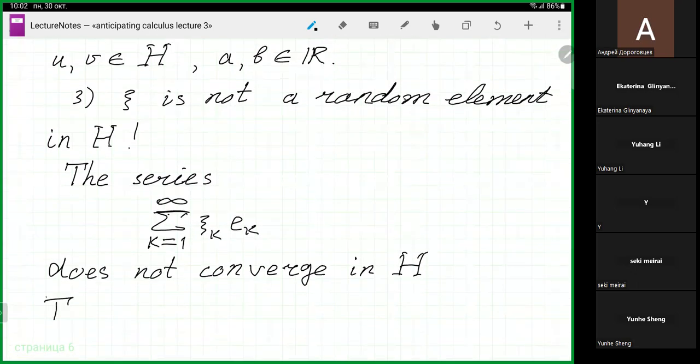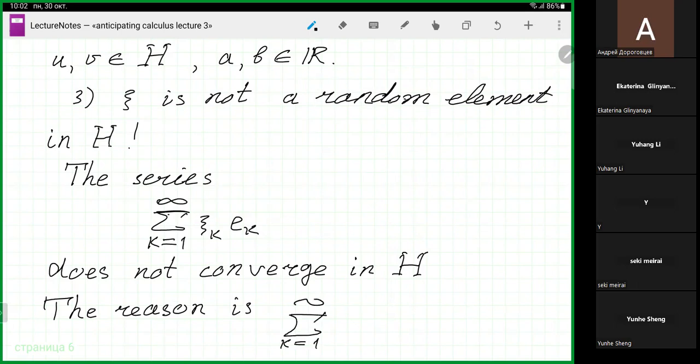The reason is that the sum from k equal 1 to infinity of xi_k square is equal to plus infinity almost surely. Please check this.